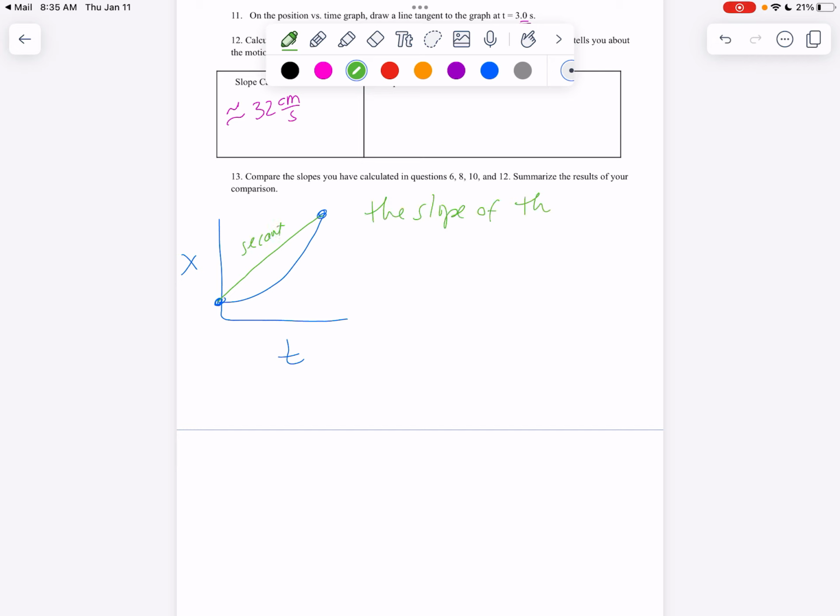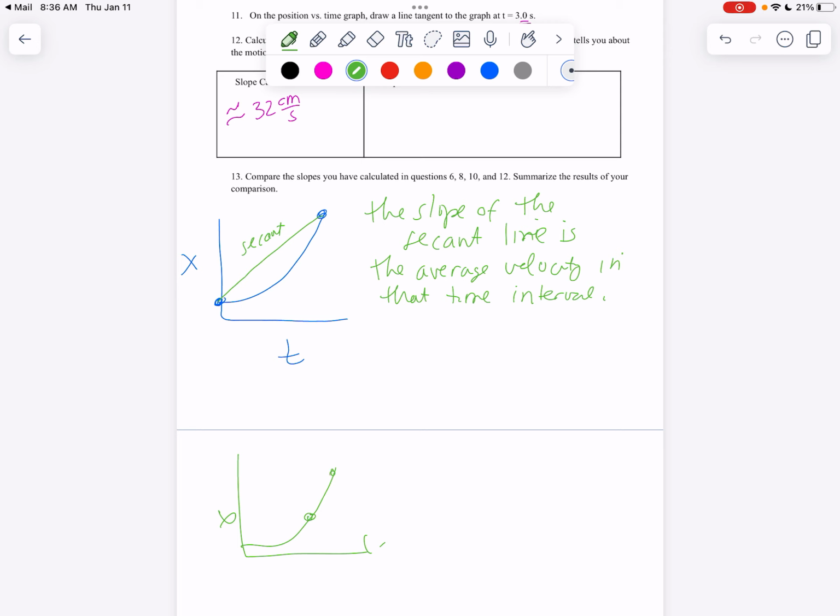So I can do that for any time interval I want. I can find the average velocity. Like if I wanted to know the average velocity from 4 to 6 or whatever, I could just do a secant line there, or I could do a secant line there. I can do it wherever, okay? And it would tell me the average velocity in that time interval, okay?